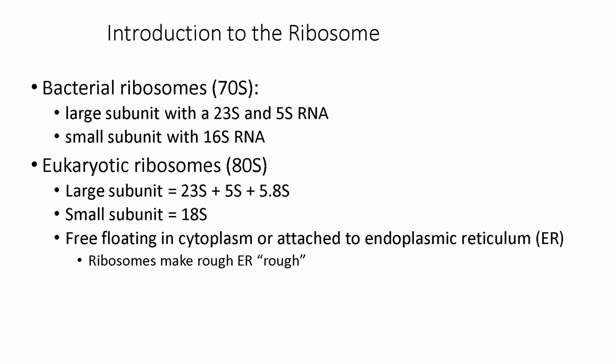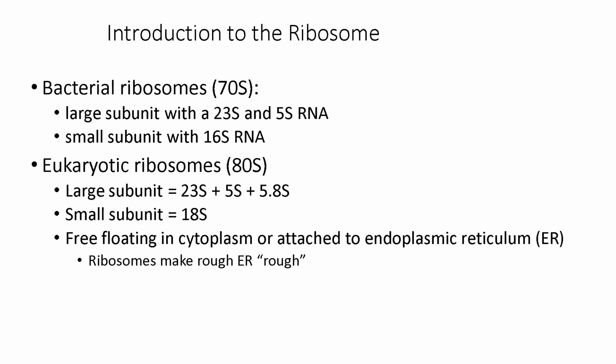The ribosome is a molecular machine responsible for synthesizing proteins. In bacteria, ribosomes are 70S in size and are composed of a large subunit containing 23S and 5S ribosomal RNAs, and a small subunit with 16S RNA.